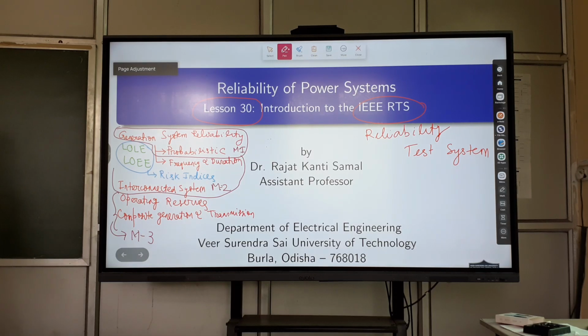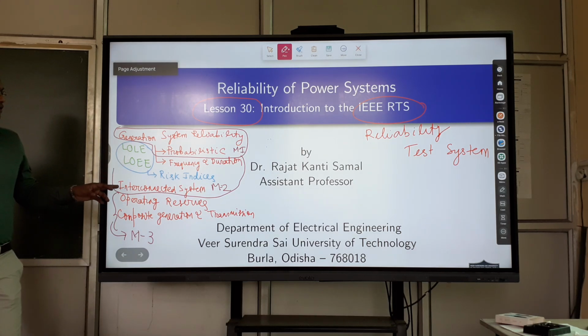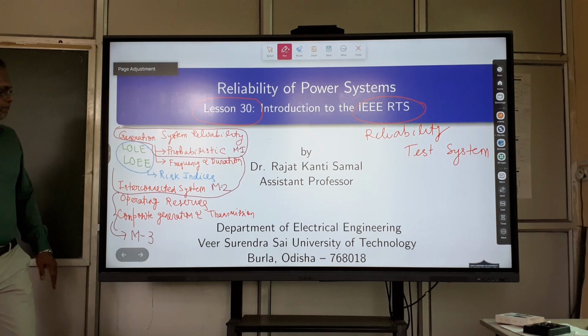So all these systems, they are basically generating capacity reliability because transmission systems are very reliable. So we only touched upon the transmission systems, but everything else, operating reserves, interconnected systems, everything corresponds to generating capacity reliability. So that consisted of 3 modules, right?